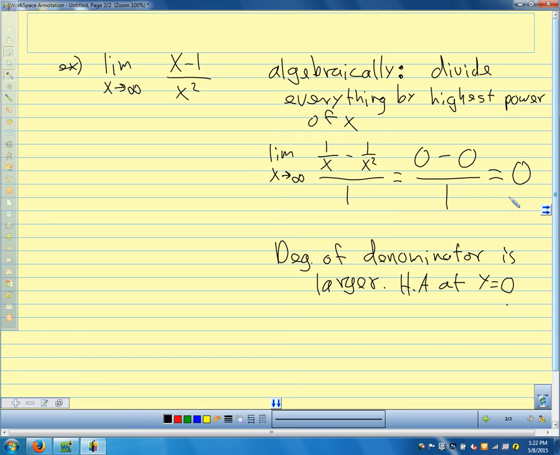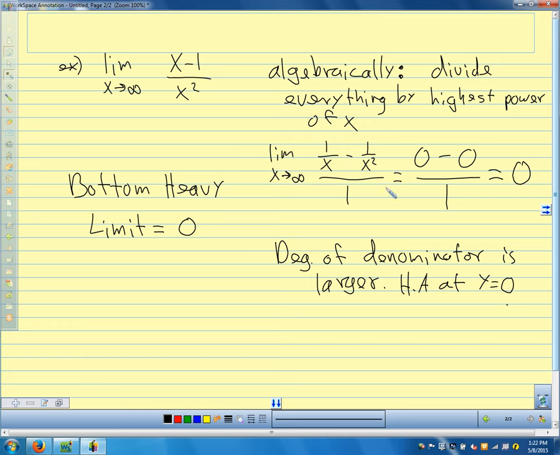Now our shortcut. We call this kind of function bottom heavy, because the degree of the denominator is larger. Anytime we have a rational function that's bottom heavy, the limit equals 0. For a bottom heavy function, the limit equals 0.